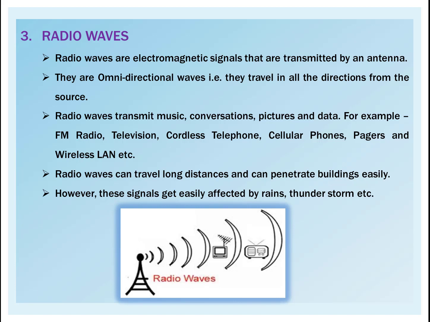For example, FM radio, televisions, cordless telephone, cellular phones, pagers, and wireless LAN, etc. Radio waves can travel long distances and can penetrate buildings easily. However, these signals get easily affected by rain, thunderstorm, etc.